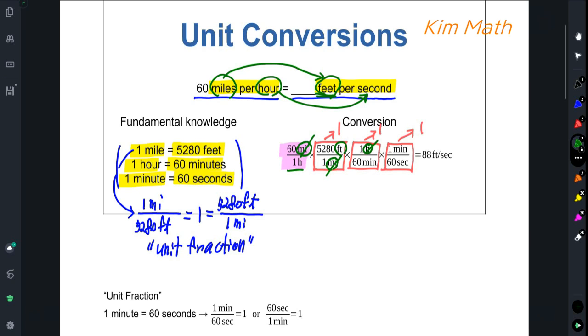So 1 hour equals 60 minutes, so we can make a unit fraction 1 hour over 60 minutes. And I still have minute, but I need second. So in the last unit fraction, minute must be here, and second must be here. And we know that 1 minute equals 60 seconds, right?